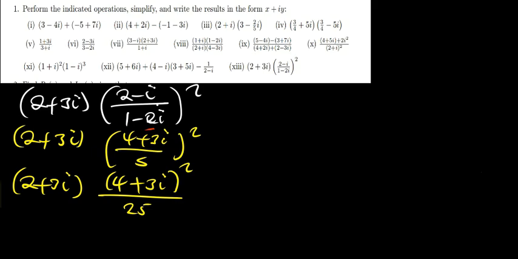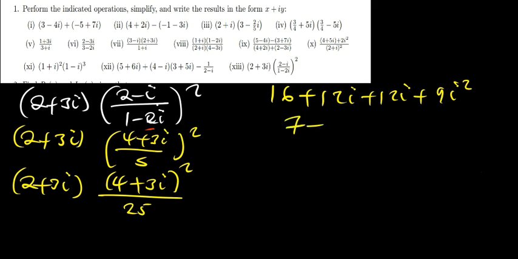So I'll say 4 times 4 is 16, then 4 times 3 is 12i. Again, 3i times 4 is 12i. 3i times 3i is 9i squared, which is going to be minus 9, because i squared will give us minus. So it will be 16 minus 9, which is 7.